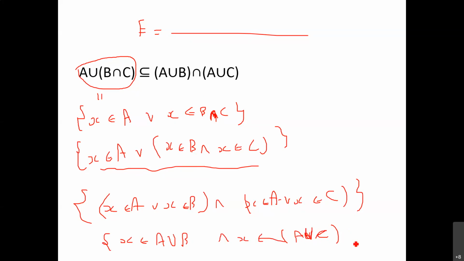So this is A union C. Okay, so you simply downstairs write this is A union B, intersect A union C.